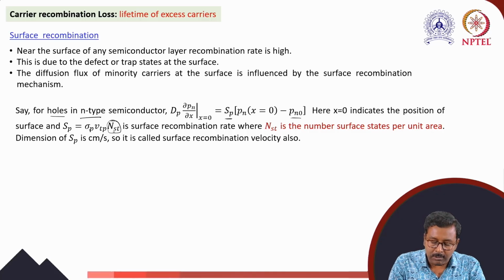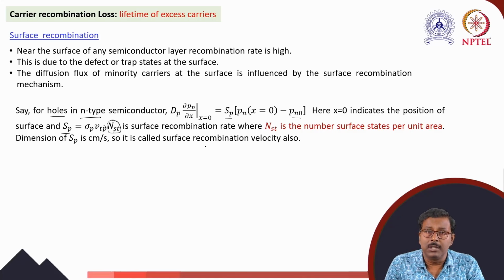The cross section is in centimeter square, Nst is per centimeter square, so the centimeter square cancels out, and the dimension of Sp is the dimension of vtp, the thermal velocity, centimeter per second or meter per second. That's why the surface recombination rate Sp is sometimes called surface recombination velocity, but it has no relation with the actual velocity. Be careful: because it has the dimension of velocity, it is called surface recombination velocity.